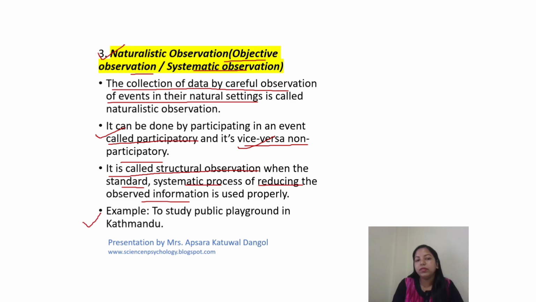For example, if a researcher wants to study public playgrounds in Kathmandu, he must go to that place and observe to understand the public playground in Kathmandu. The objectives can be different. It can be like how children behave in a playground, how adults use the public playground, and many more.